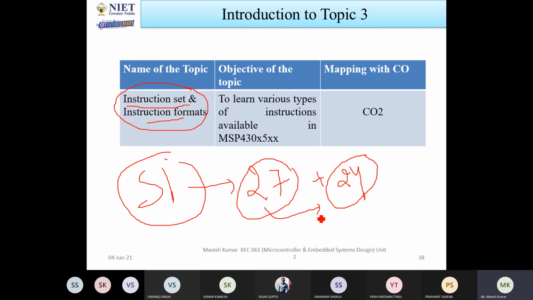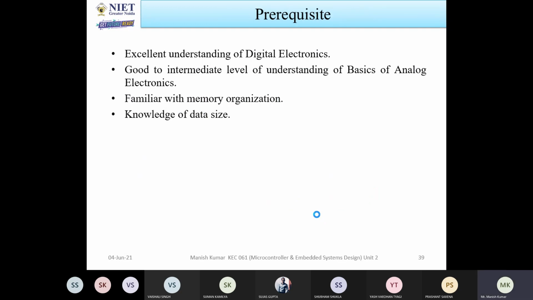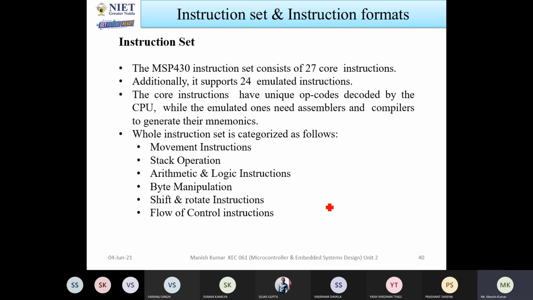So 27 plus 24 makes 51, and we will discuss them one by one. The MSP 430 instruction set consists of 27 core instructions and 24 emulated instructions.